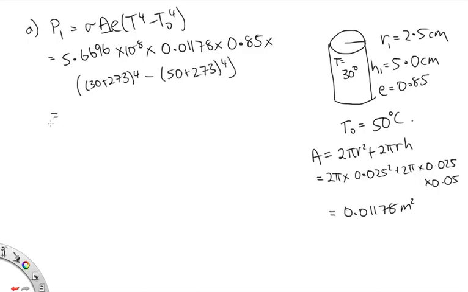Solving that on the calculator, we end up with minus 1.39 watts. This minus is just because T to the 4 is lower than T naught to the 4. So we should say 1.39 watts transferred to the cylinder.